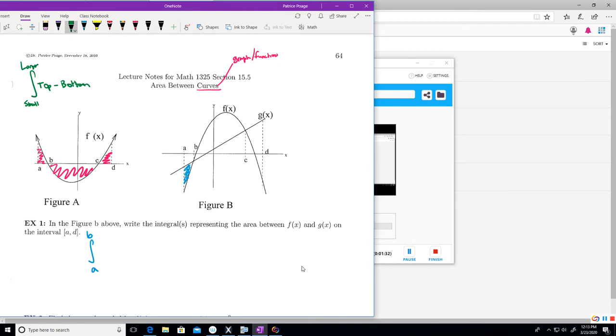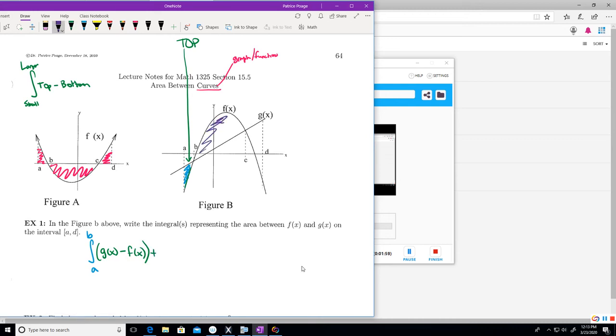Start at the top of your paper and come straight down between A and B. The first equation I run into is g of x, so g of x is on top, minus, and if I kept going, I would hit f of x, which is on bottom. That's how I'd find the little blue area.